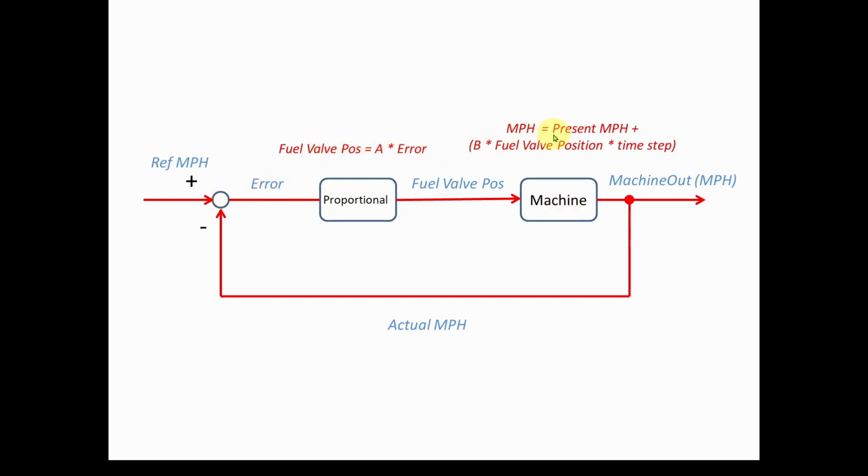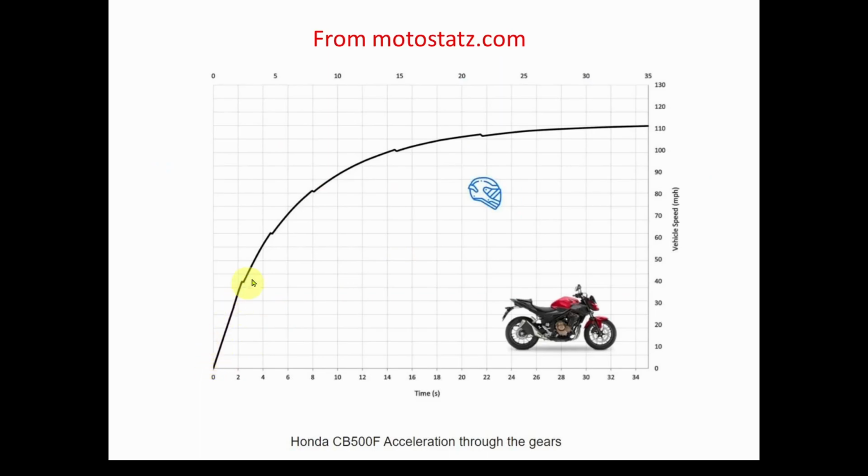And really, this is all we need to simulate this machine and this controller over time. So we're going to look at putting that together into a piece of software, and we're going to run it through and see if we can get something that looks like this to model this motorcycle speed versus time curve.